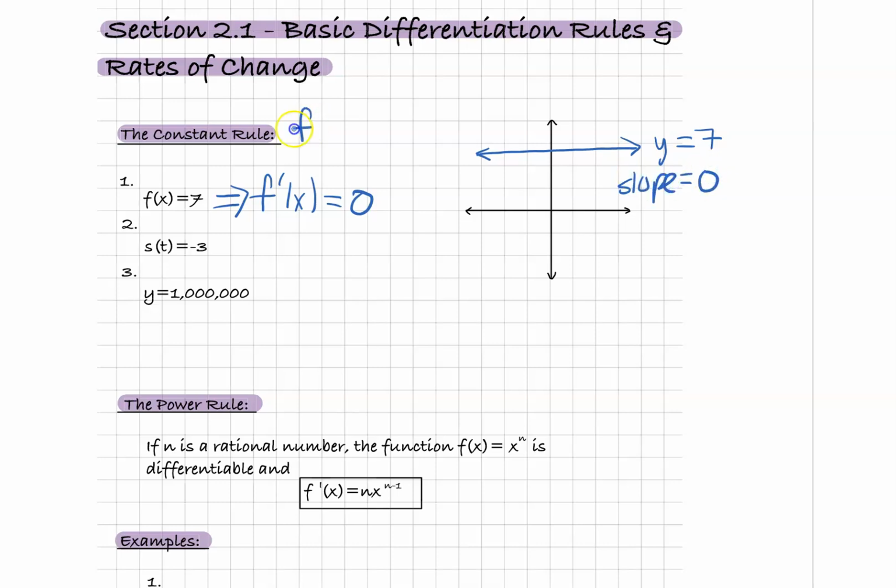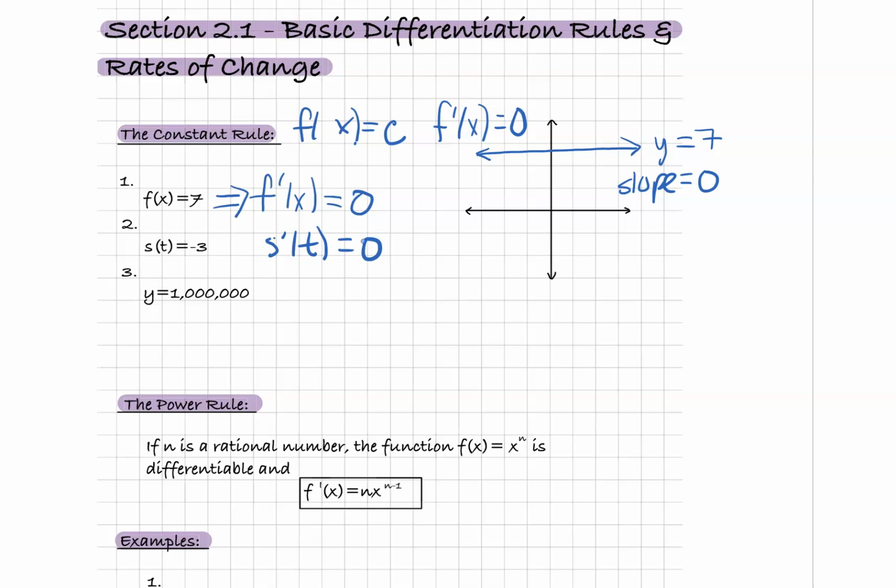So if we were taking any given function f of x equals c, then f prime of it will be 0, because these are just all horizontal lines, so the derivative at any point on a horizontal line would just be 0. So s of t equal to -3, that means s prime of t would be 0.